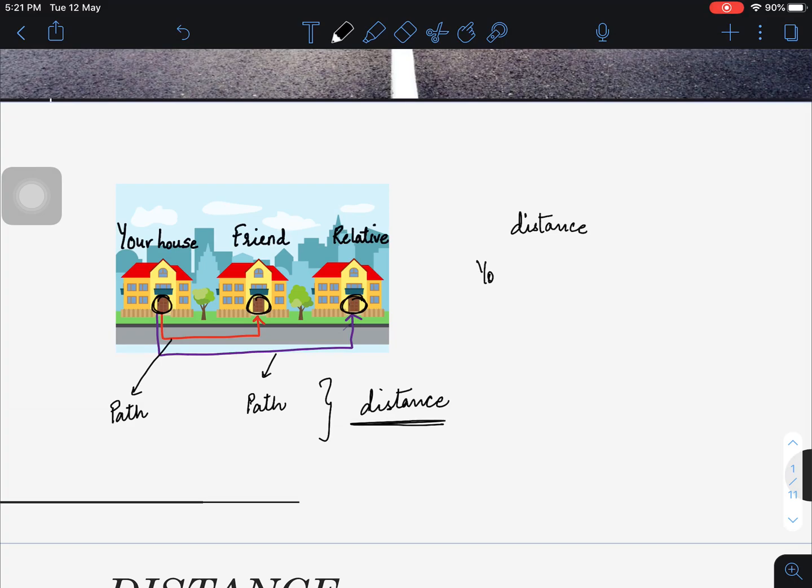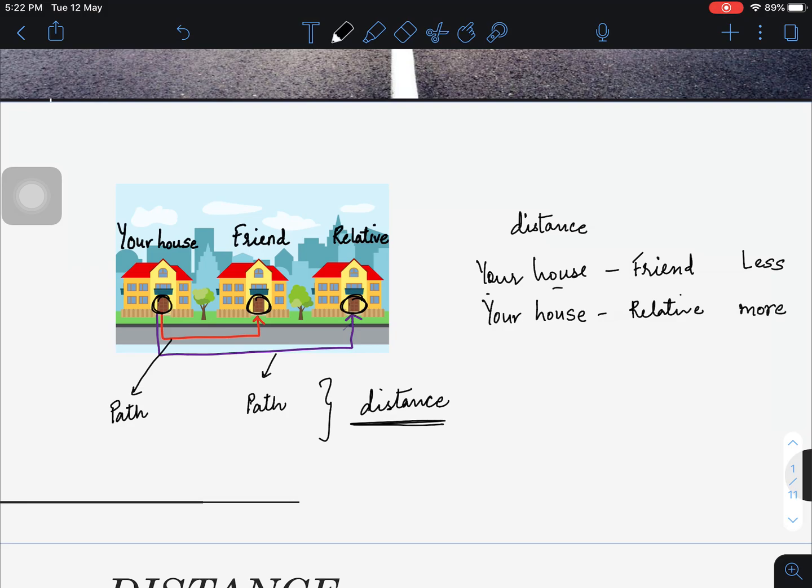If I talk about the distance between your house and your friend's house, it is less, right? If you compare it with the distance between your house and the relative's house, that is a little more. But how can we say more or less?